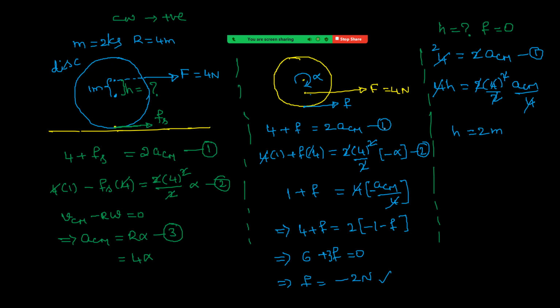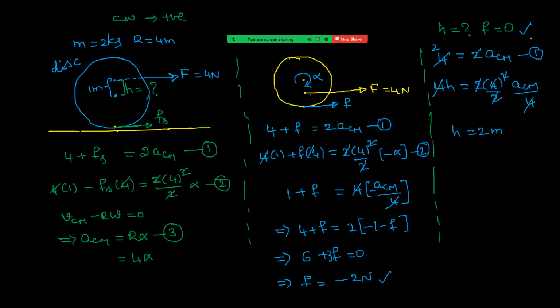So like this, the same force is applied here and here. But if you apply it at the same distance below the center, we got a frictional force of magnitude 2. In the previous case, I think we got minus 2 by 3. So frictional force depends on where the force is applied, and at the same time how much force is applied. And here we have seen the frictional force is 0.